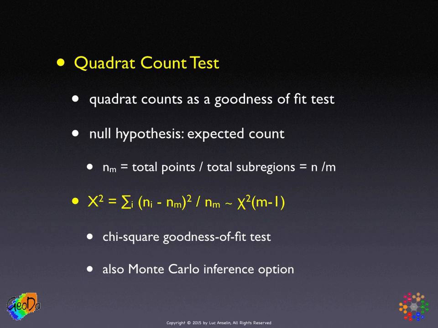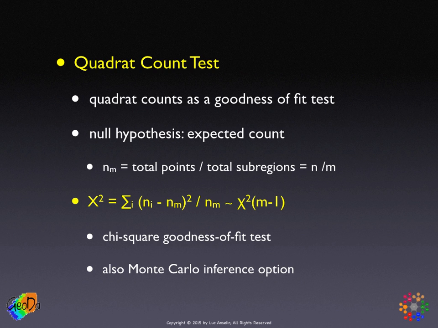And so the test statistic is constructed to assess the extent to which any deviation from uniformity is compatible with the null hypothesis. And it is constructed as a very classical chi-square test. So the chi-square test looks at the difference between the observed counts and the expected counts.